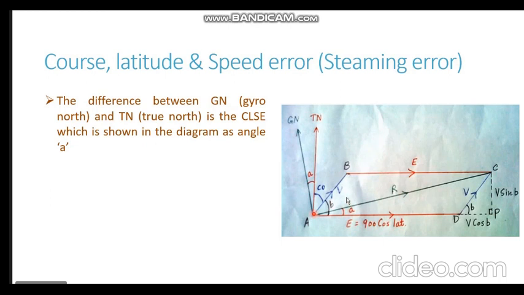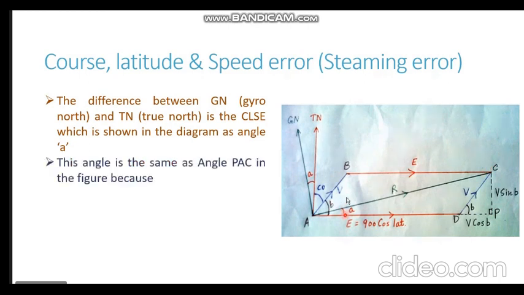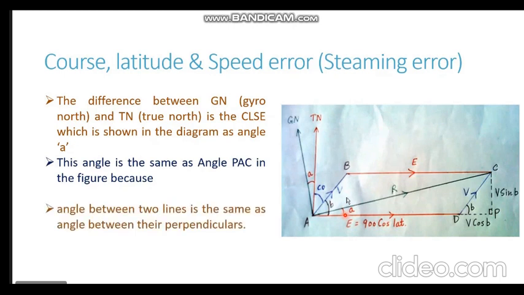And we also know that the true north is perpendicular to alpha delta, which is the easterly direction. So the angle between gyro north and true north, this small angle A, is the same as the angle between delta alpha and alpha Charlie, which is this particular angle. So if we find this small angle A or angle delta alpha Charlie, that will give us our CLSE.